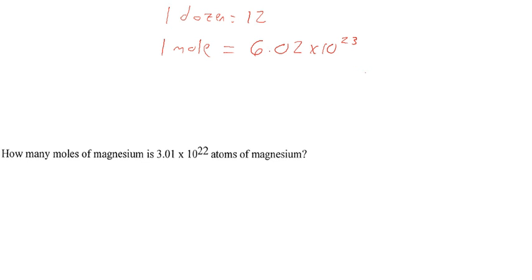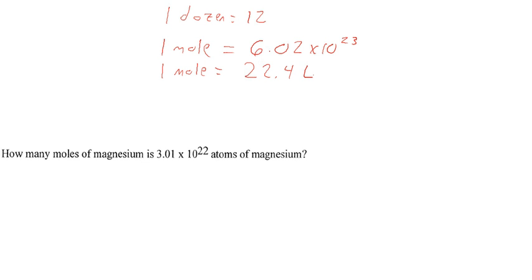Okay, that's a huge number, and the reason why we need a number so large is because these atoms are so tiny. I have this many things in just a small amount of matter. Okay, we can also use a couple other equivalencies. 1 mole is also equal to 22.4 liters of anything.